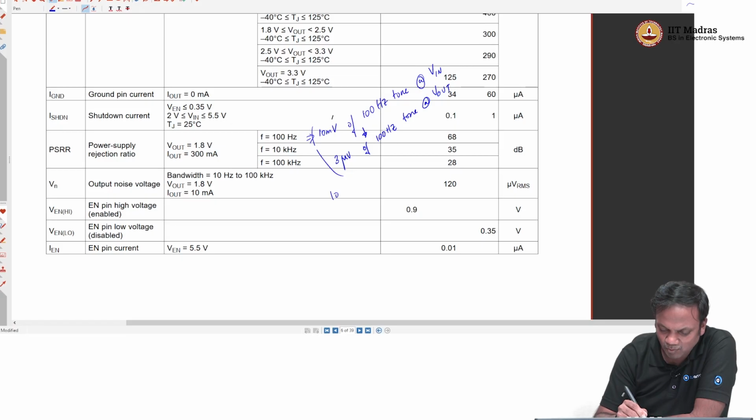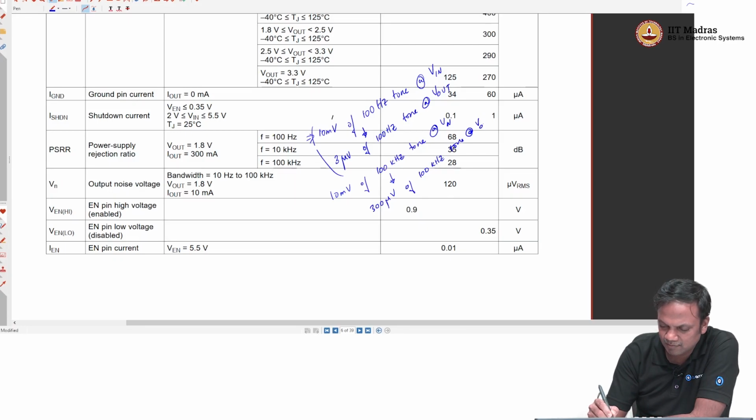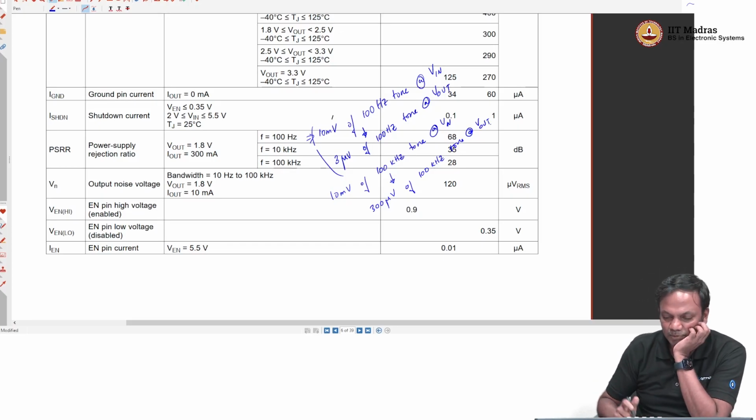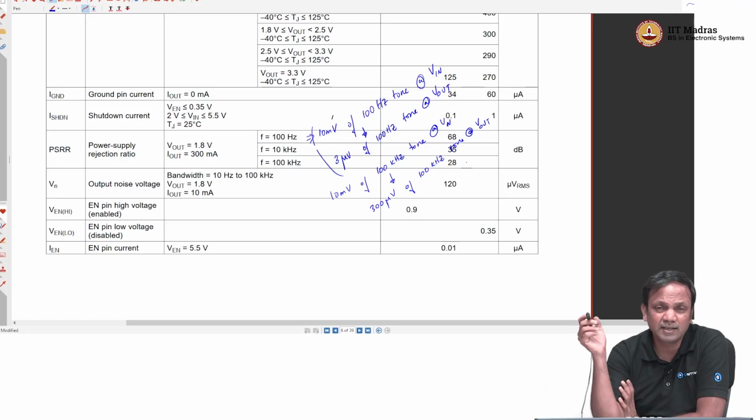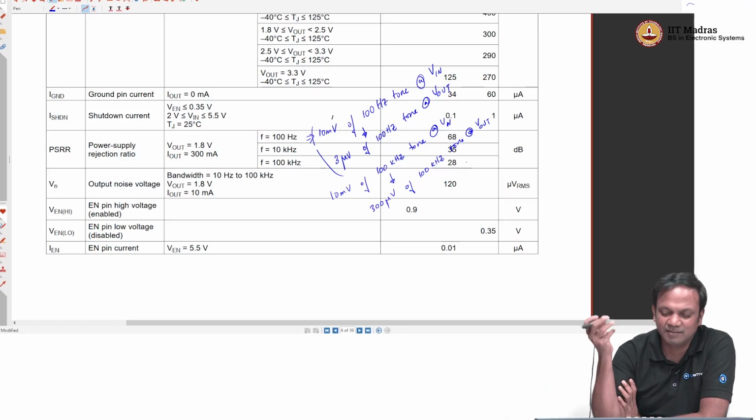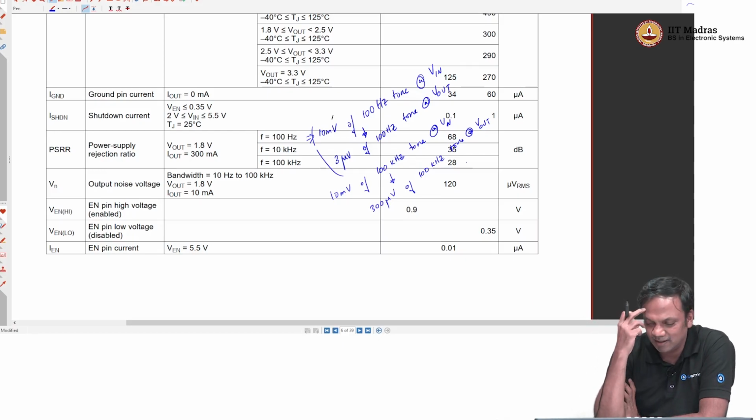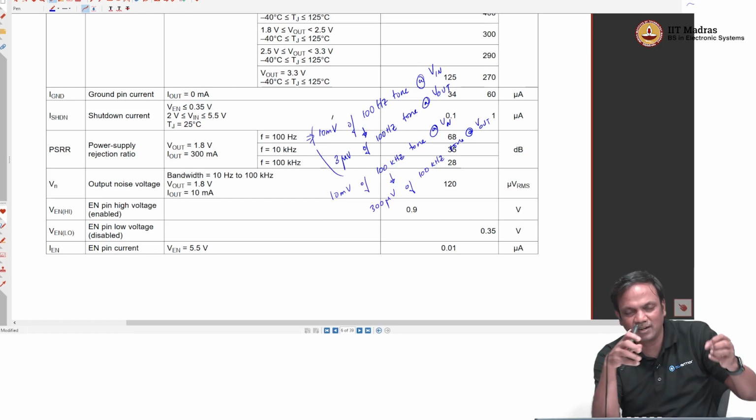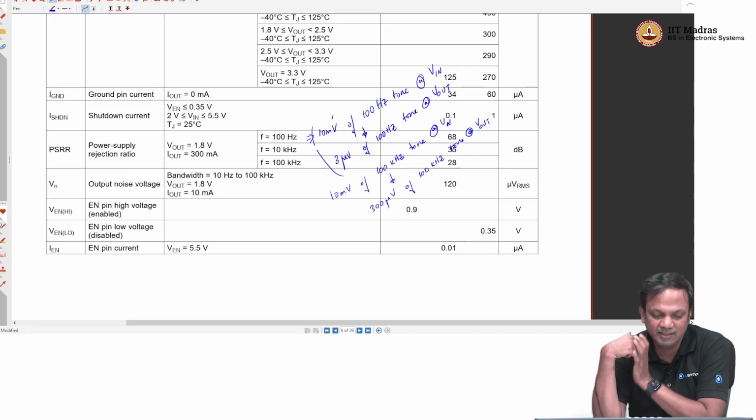Now, if you have a 10 millivolt 100 kilohertz tone at V in, what this is saying is that you will get about 300 microvolt of 100 kilohertz tone at V out, right, because the PSRR is 40 dB poorer. 40 dB when it comes to voltage is a factor of 100, and so what was 3 microvolt at 100 hertz now will become 300 microvolt at 100 kilohertz, for a similar amplitude tone at these two frequencies at the input, right.